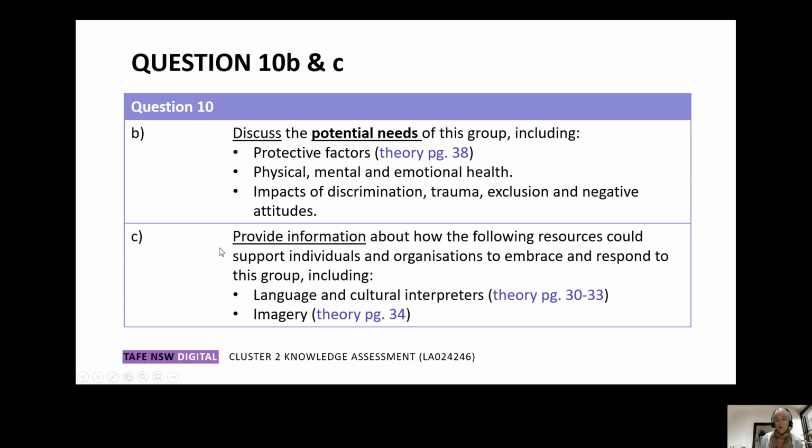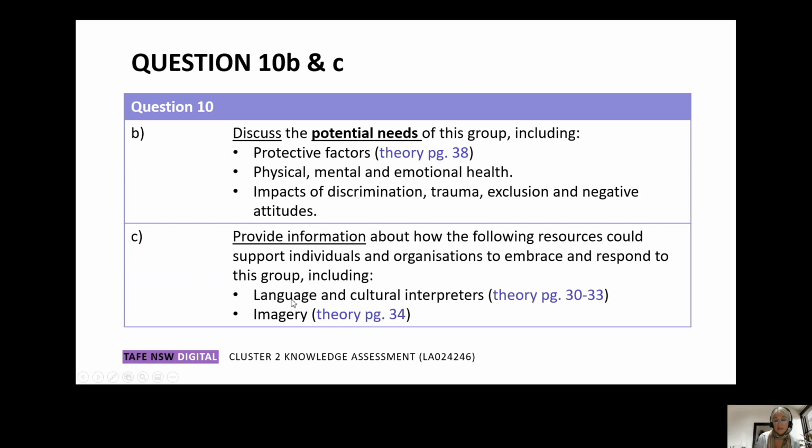Okay, part C of question 10 says provide information about how the following resources could support individuals and organisations to embrace and respond to this group.